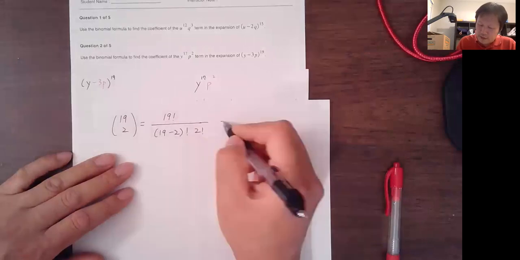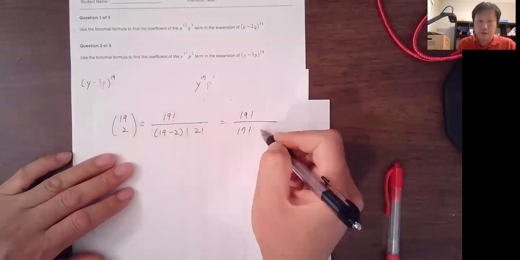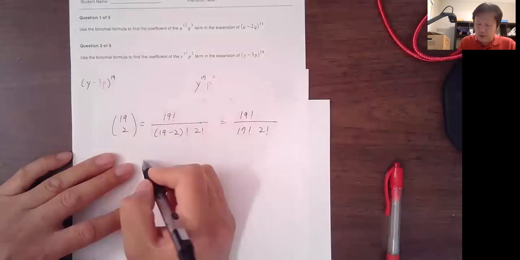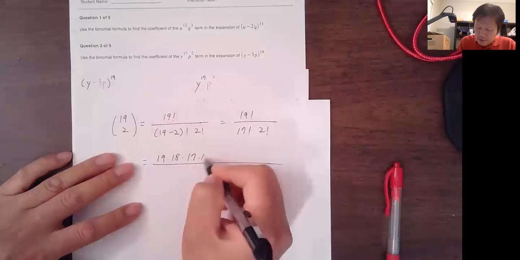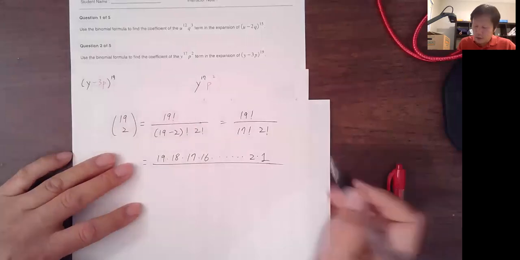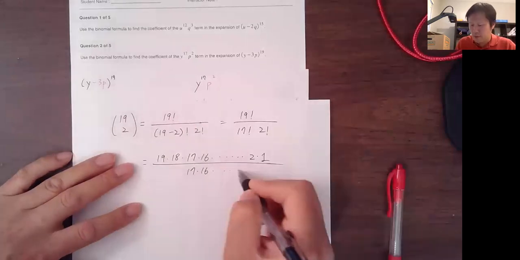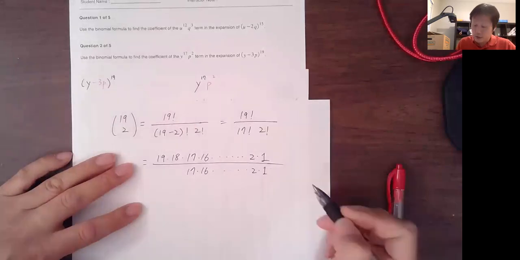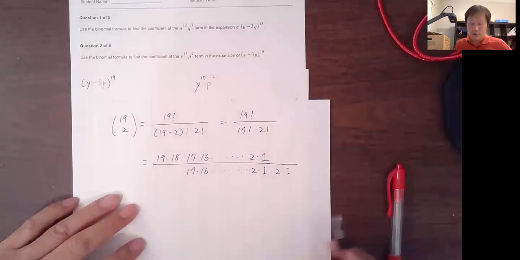That's the same as 19 factorial over 17 factorial times 2 factorial. Okay, so 19 factorial, do you remember? 19 times 18 times 17 times 16 times all the way down to 2 times 1. 17 factorial is 17 times 16 times 15 all the way down to 2 times 1. 2 factorial will be 2 times 1.